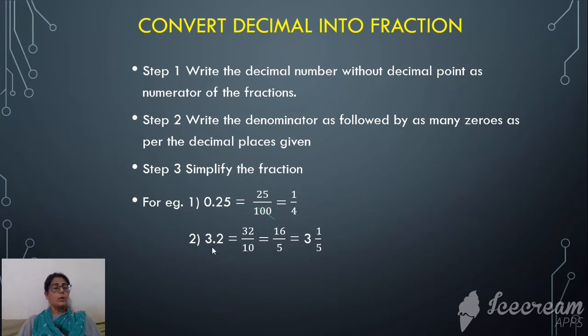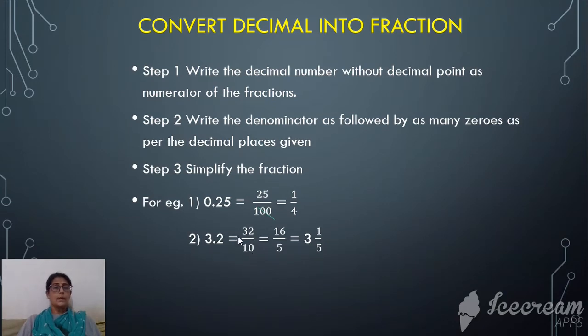Now I will make you understand with one more example. 3.2. What is written here? 3.2. So what will we write? 32 upon 10. Why upon 10? Because after the decimal only one digit is there, so we place a 1 and 0, right? So 10. So 32 upon 10.